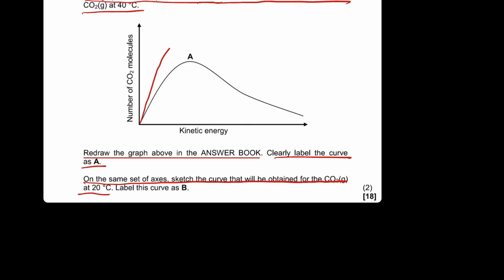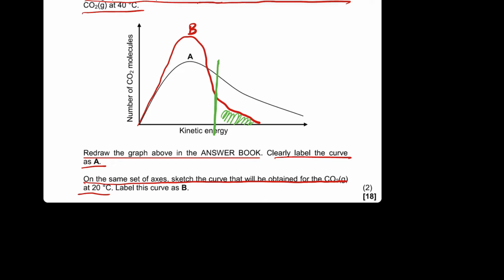So the curve is going to be like this. Okay, let me just put it like this. The curve is going to be like that, right? This is curve B. If you're looking here in curve B, there are less particles with, let's say, the activation energy.